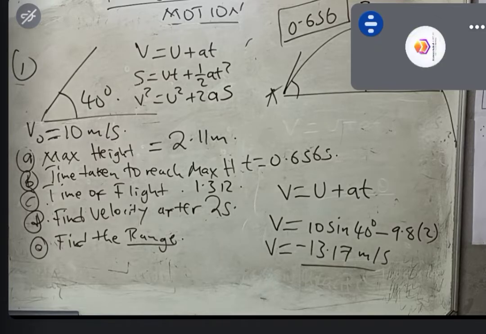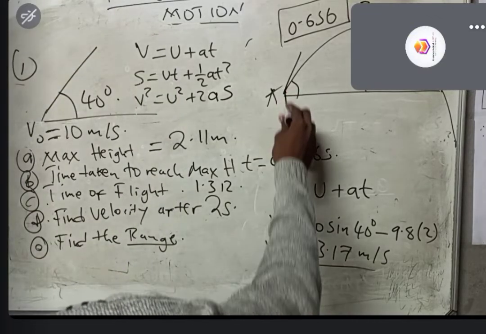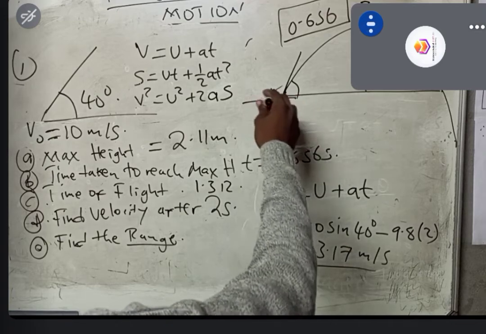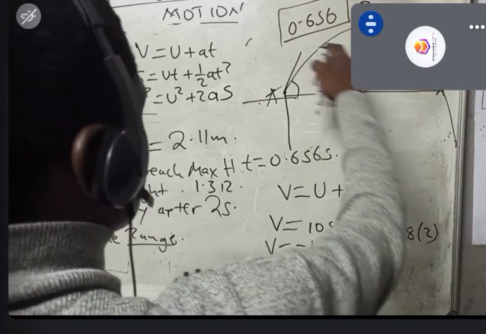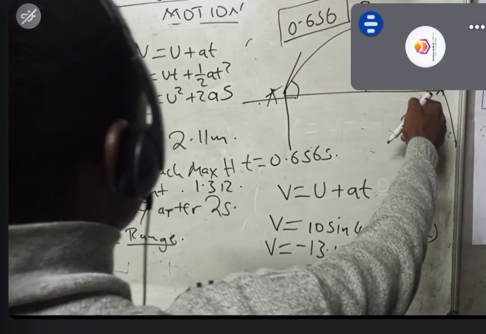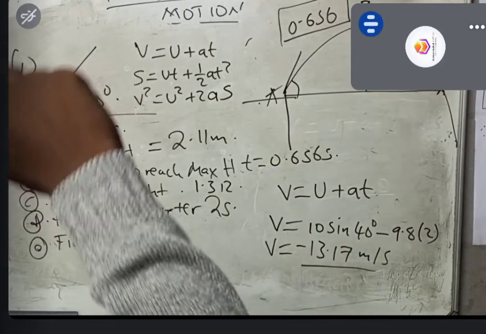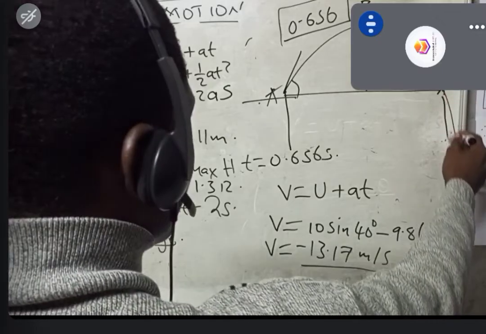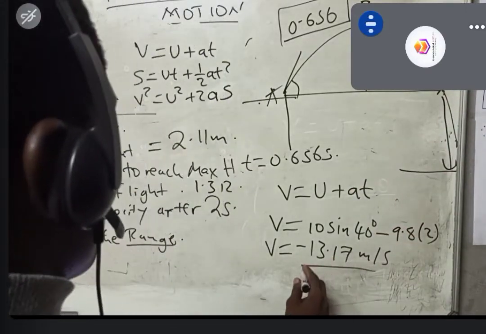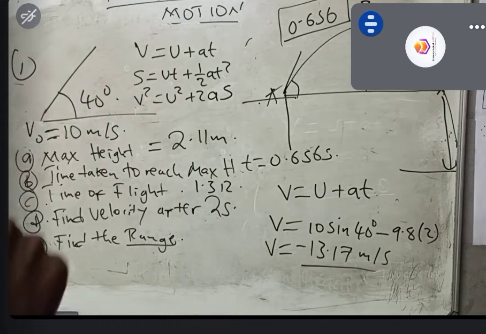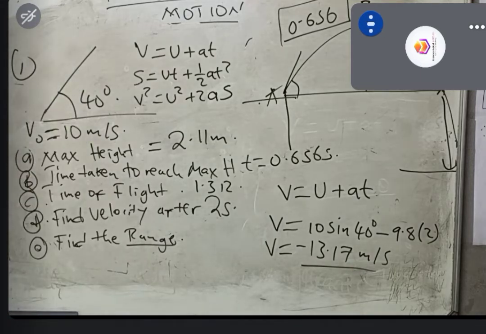So meaning that the possibility is this: if this person was standing on the cliff, at that point, the time is going to be 1.3. Now, 2 seconds means that it will be going down. So it tells you that it is going to be moving at that speed, but in the opposite direction as you had thrown it.